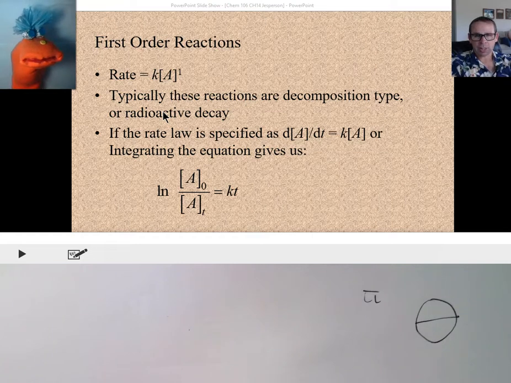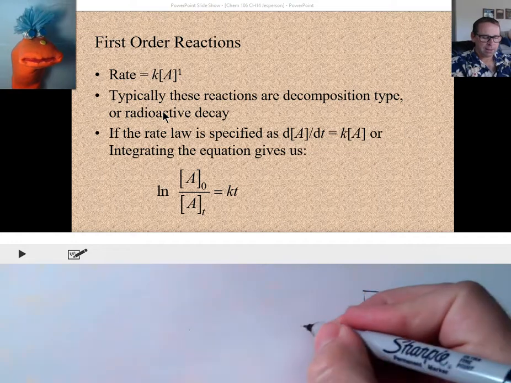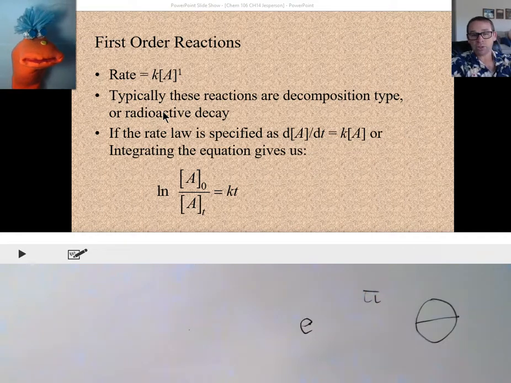Well, there's a similar relationship for these natural decays, and the letter is e, Euler's number, and the natural log is the log of e.